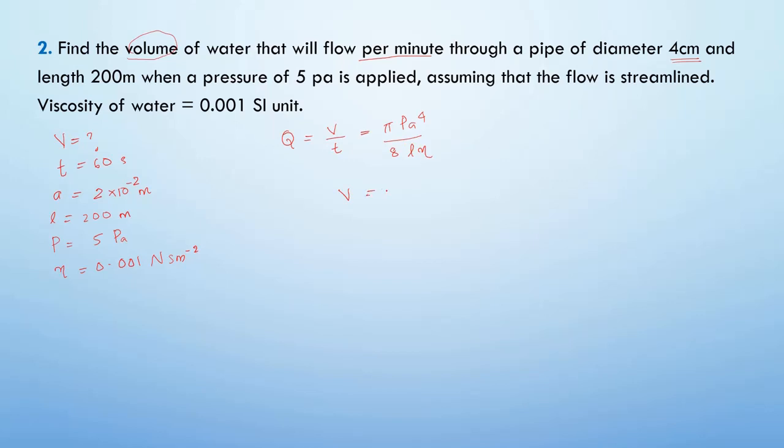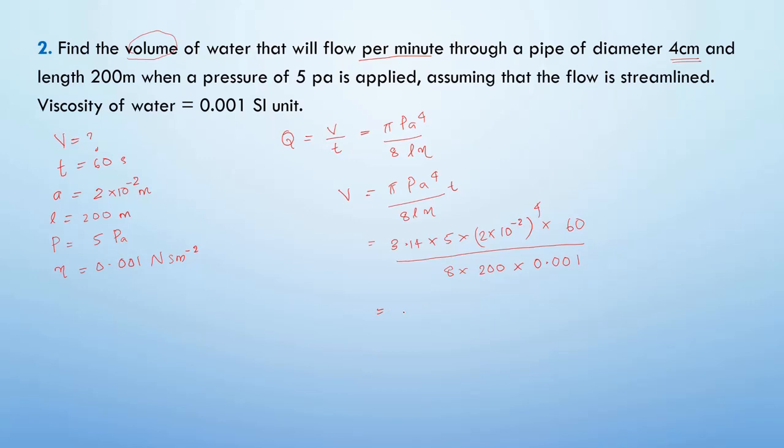Therefore volume is nothing but pi p a to the power 4 divided by 8 L eta into T. We can substitute 3.14 into 5 Pascal. a is nothing but 2 into 10 to the power negative 2 meter whole to the power 4, into time, 60 seconds, divided by 8 into length, 200 meter, into eta, 0.001.